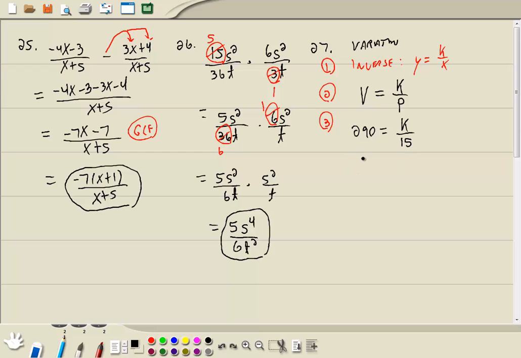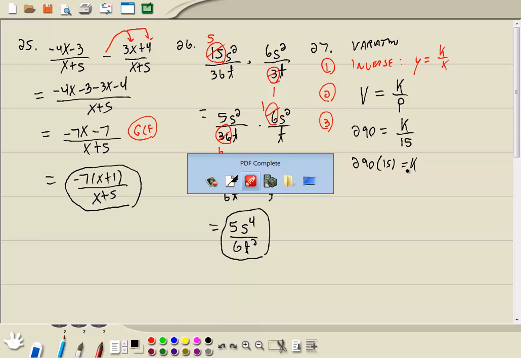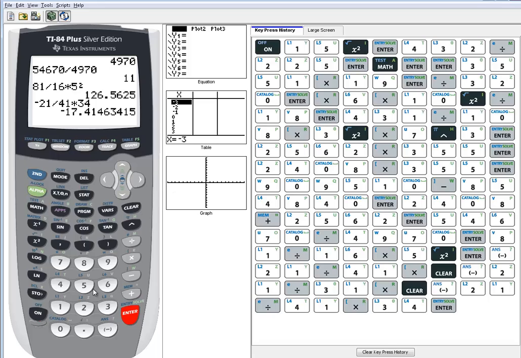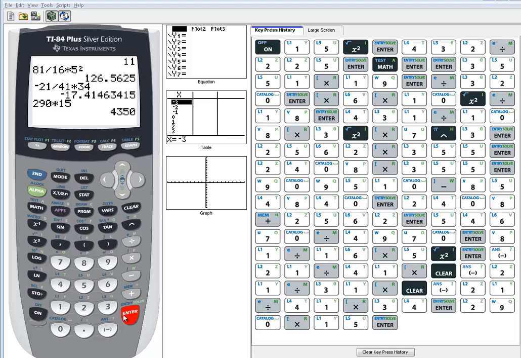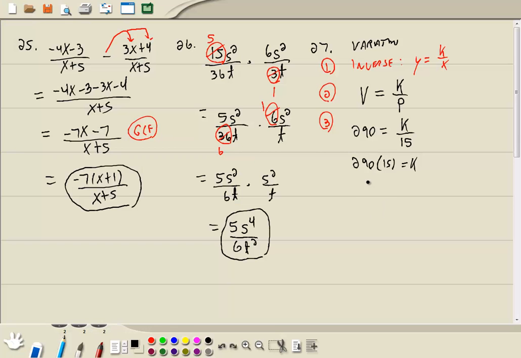And we'll use that to solve for K. So I multiply both sides by 15. 290 times 15 gives us 4350. Now we want to plug that into our formula. So volume is going to equal 4350 over P.